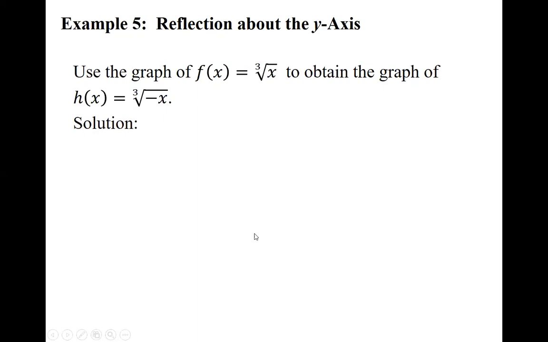Use the graph of f of x equals cube root of x to obtain the graph of h of x equals cube root of negative x. Well, here the negative is inside the radical with the x. That's f of negative x. That's a flip horizontally, a reflection about the y-axis.